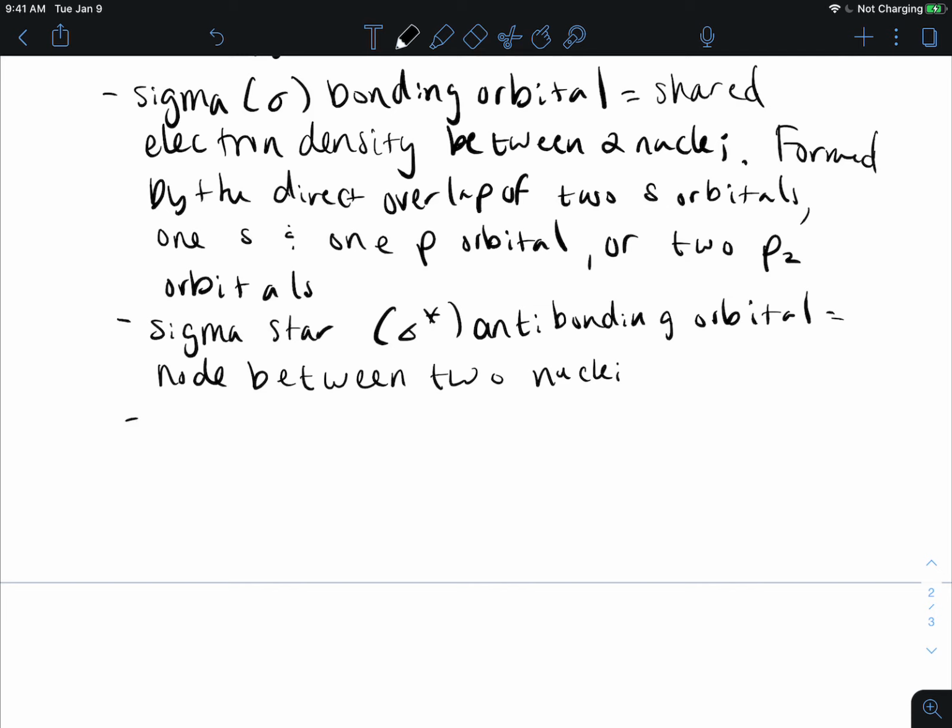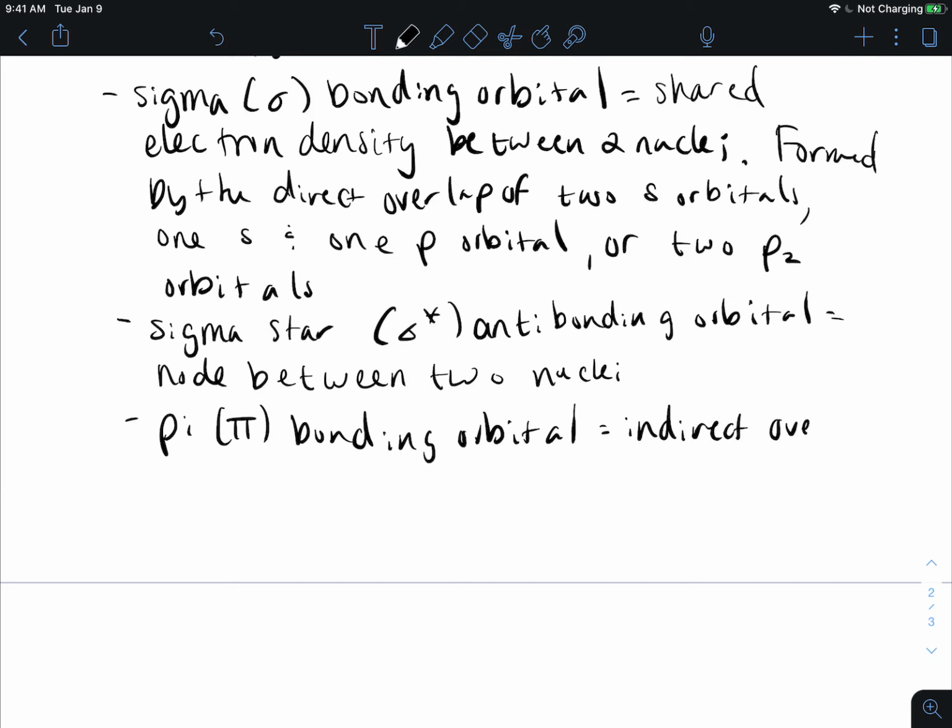So if we have a pi bonding orbital, this is when we have the indirect overlap of two py or px orbitals.